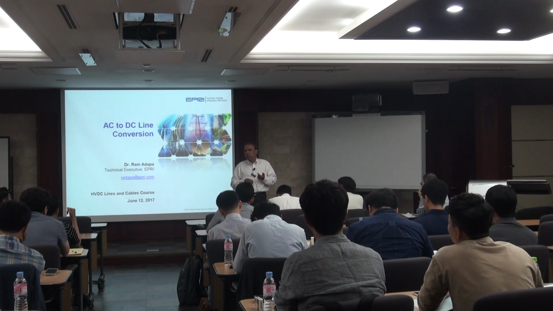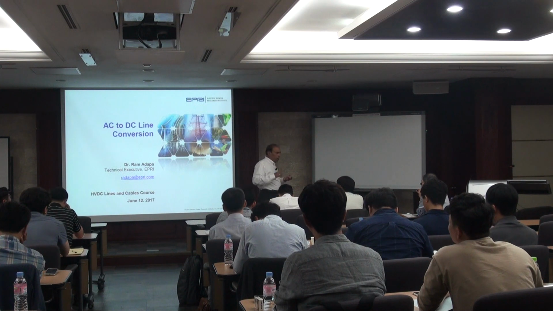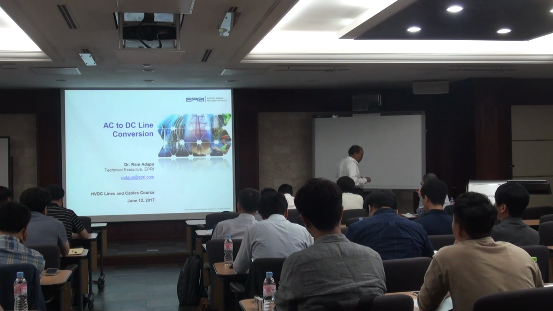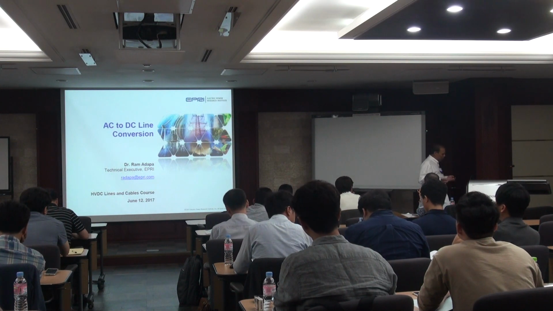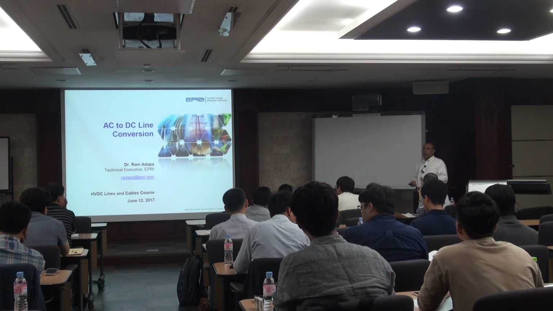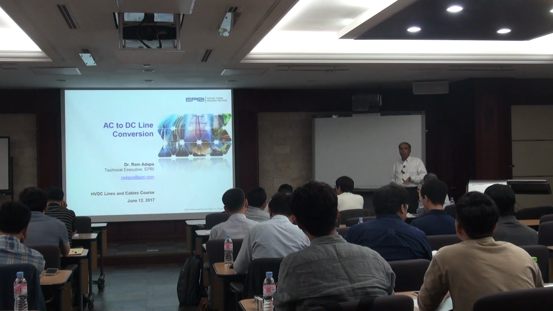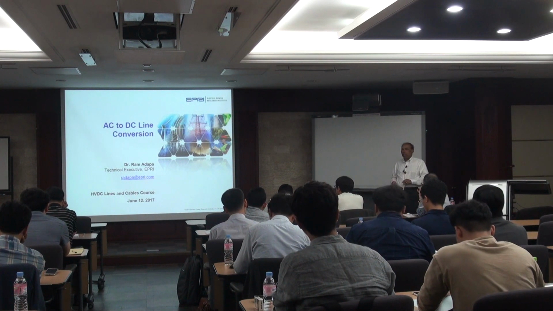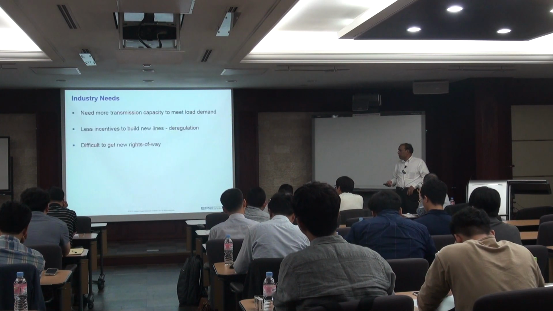That way you can meet your load growth for the time being, and don't need to worry about building new lines. So we did a lot of studies. I'm going through these slides a little fast, but what kind of gains you can get, and what issues to look for when you convert an AC line for DC operation.